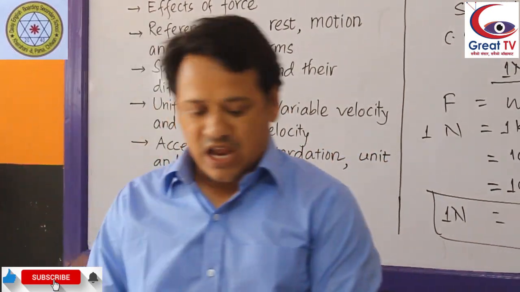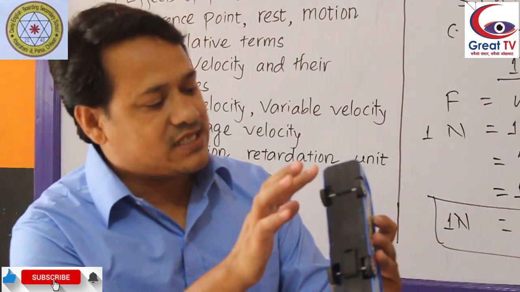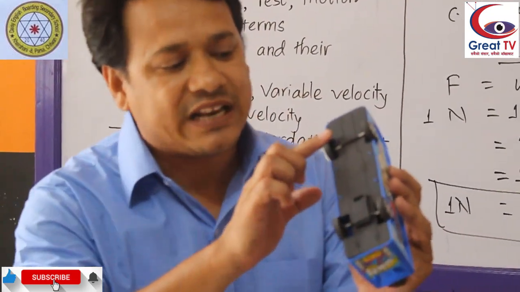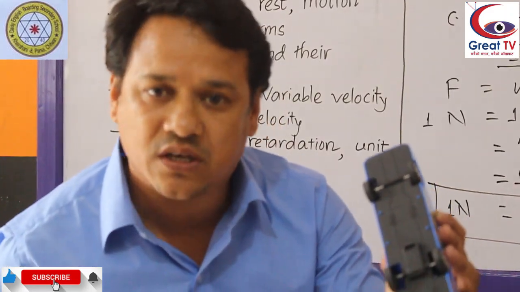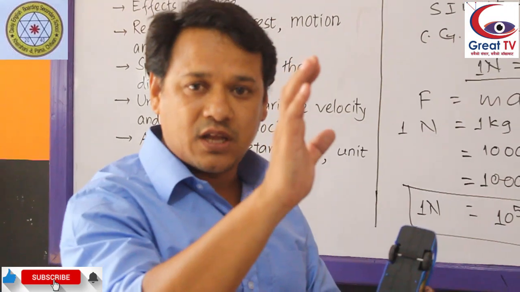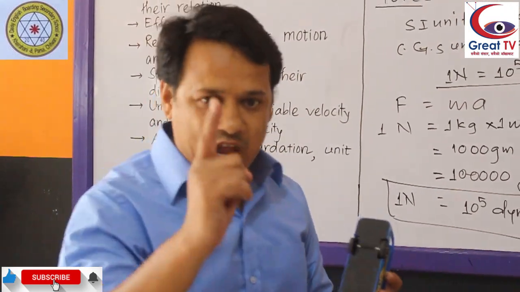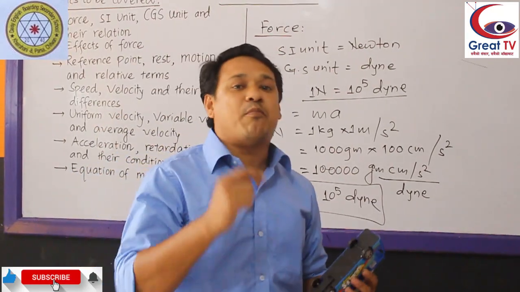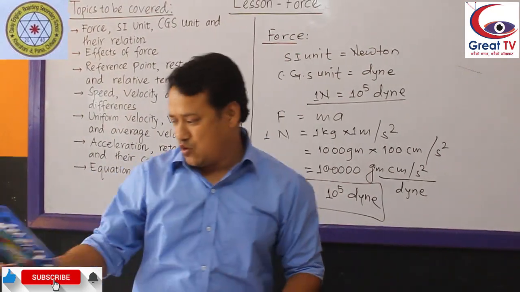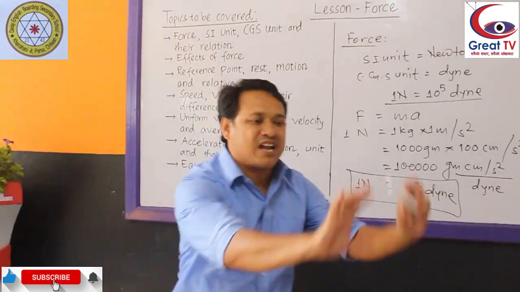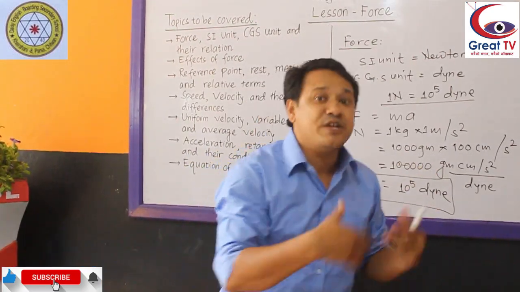Similarly, you can see here, a wheel is rolling after applying the force. That means after using the force, a rest object changes into motion. And if we apply the force on a moving body, then speed increases. That means the body accelerated. When we push a moving bicycle from the back side, speed increases.